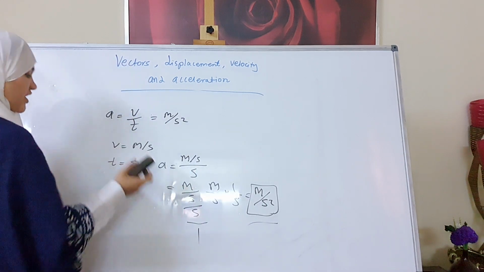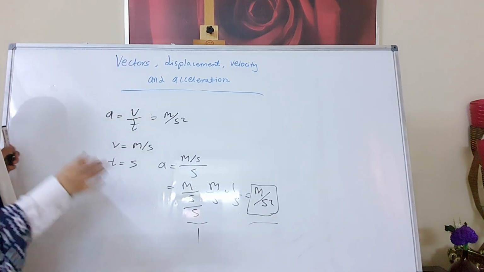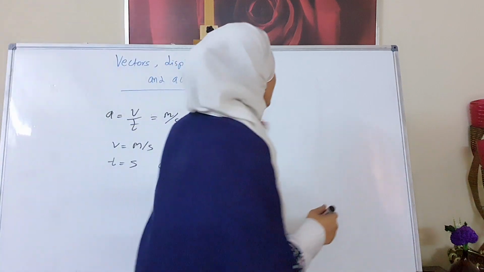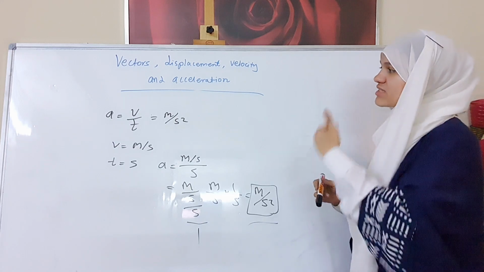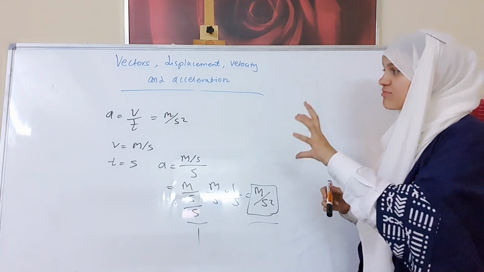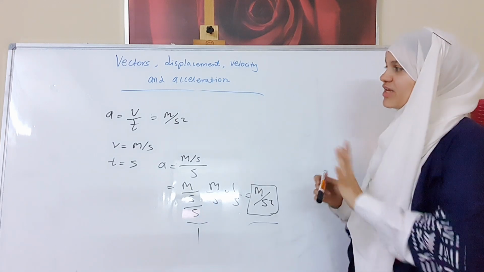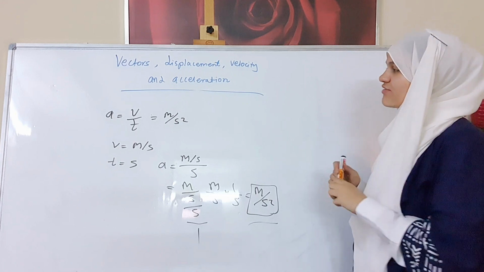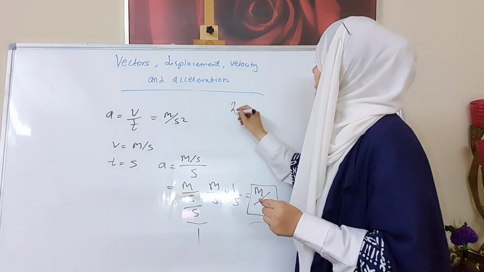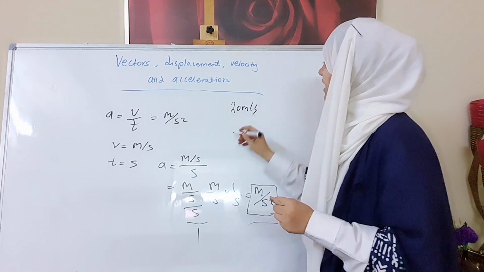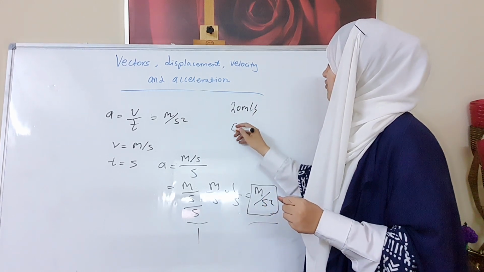Acceleration tells us how the speed of a runner changes during a time. For example, we have a velocity of 20 meters per second and 5 seconds.